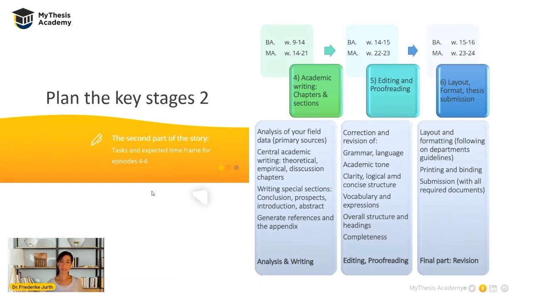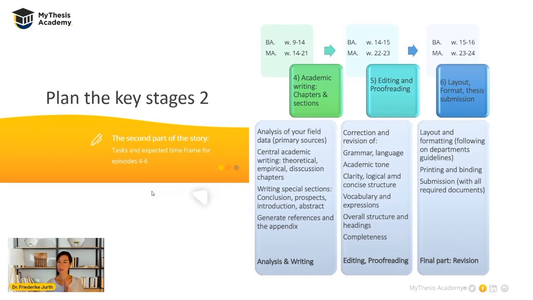And then you also have to think about some time that you have to invest in the part of the references and also of the annex and the tables and figures.